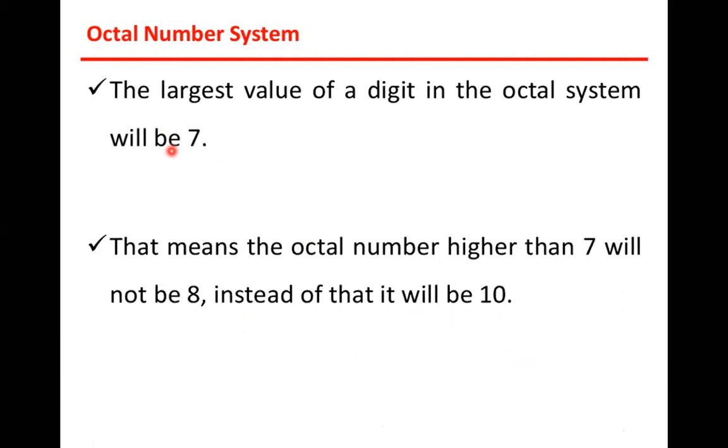Then 11, 12, 13, 14, 15, 16, 17. And after 17, there is no 18. What will be the next number? It will be 20, then 21, and so on. That's how the numbers go in the octal number system.